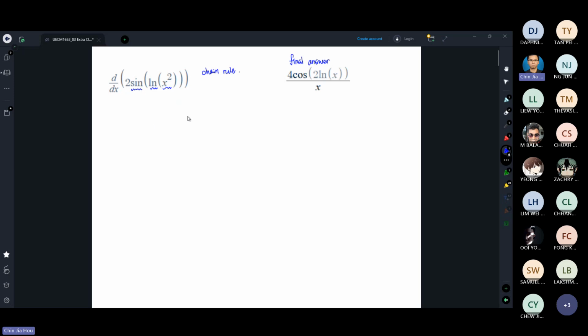In order to solve this kind of function inside a function, we need to start from the outer layer, slowly differentiate it into the inner layer.